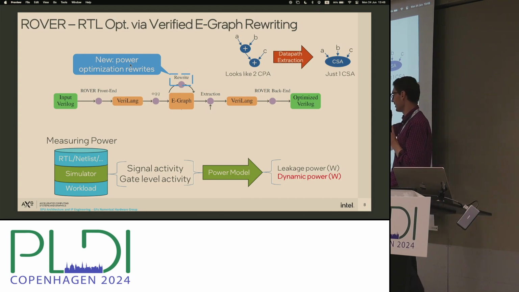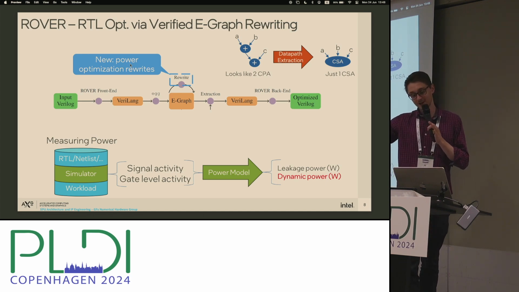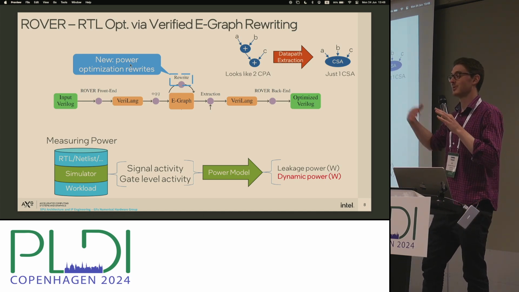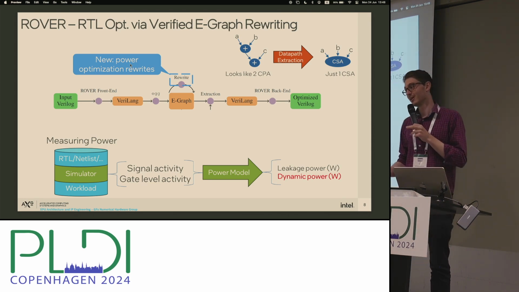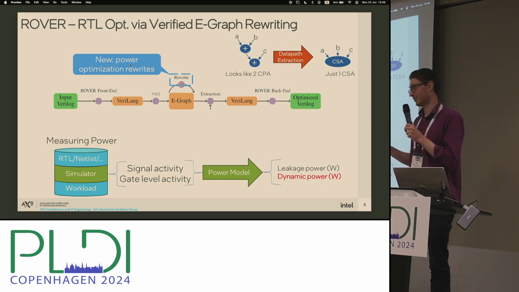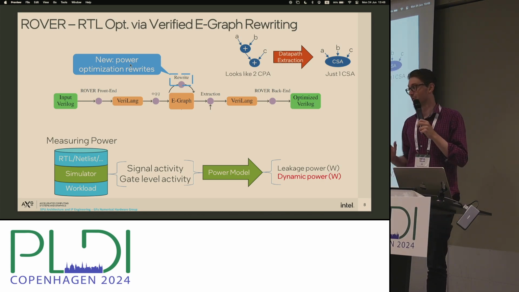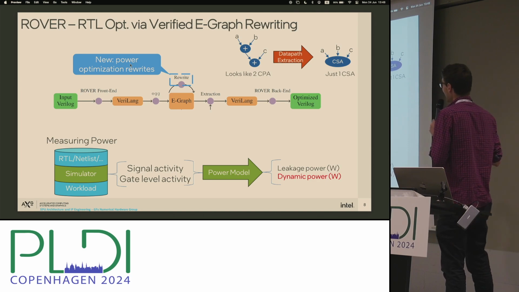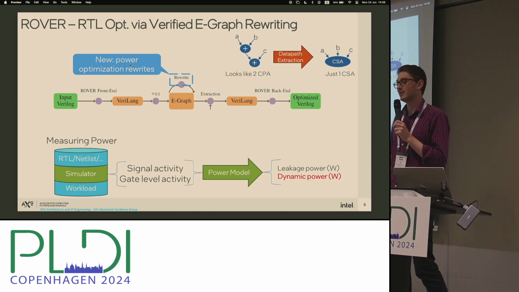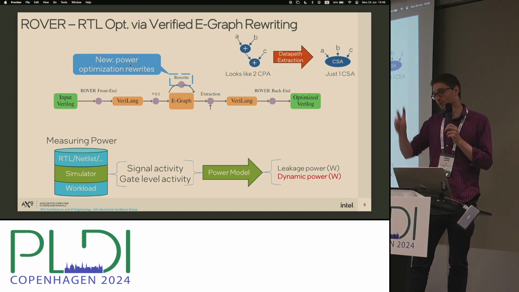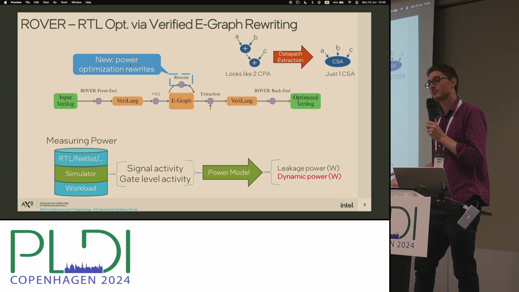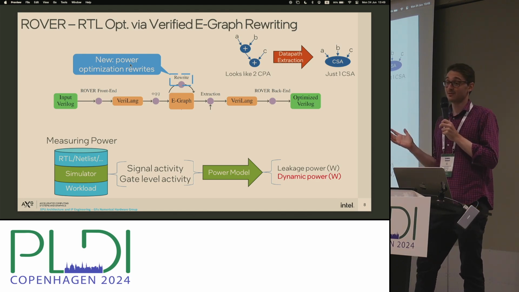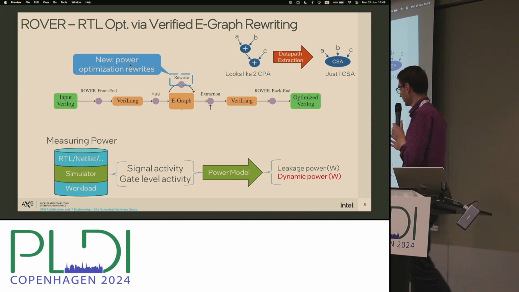And so how do we actually measure power? Well, we take some circuit representation, be that a netlist or RTL, take a workload, mainly I want to render these frames for my graphics application, or I want to train this neural network with these weights, and run it through your simulator. For each of my variables or signals, I will get some notion of how often they are switching, namely these ones are the really active signals, and these ones are maybe not so active.